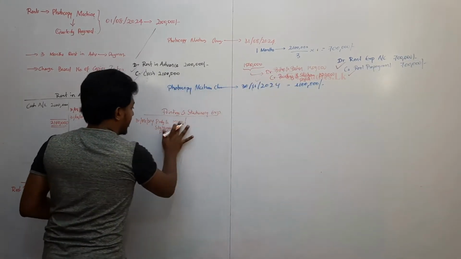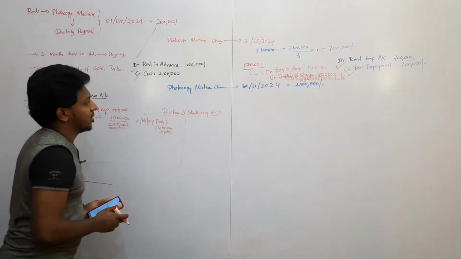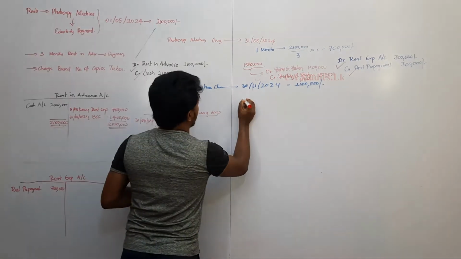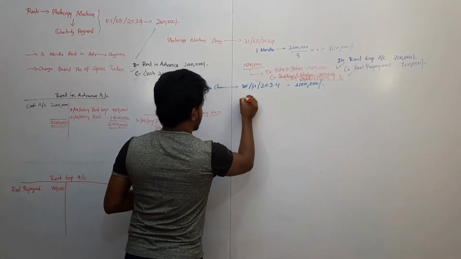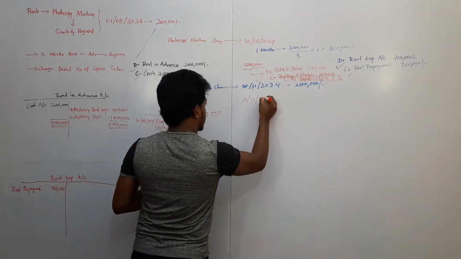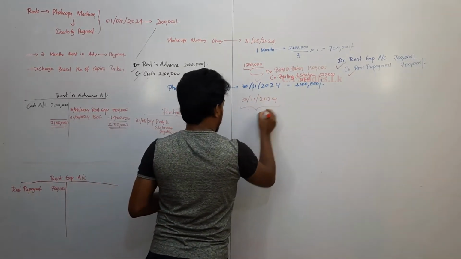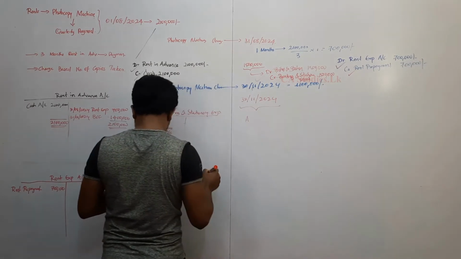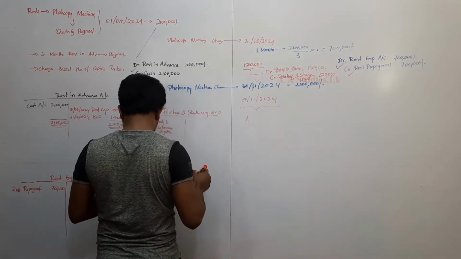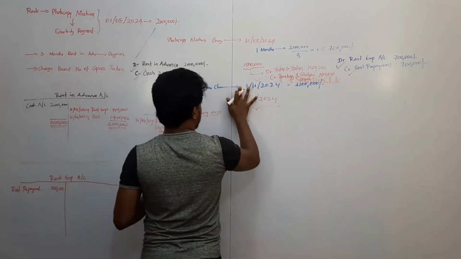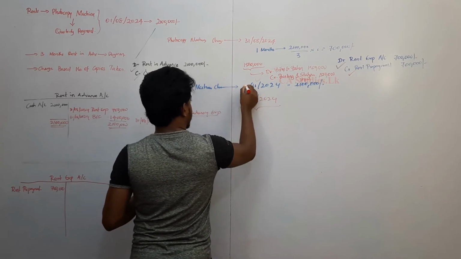This 1,500,000 is for a quarter. So that is on the day of 30th November 2024, right? Quarterly means August. Sorry, this is the 1st November.